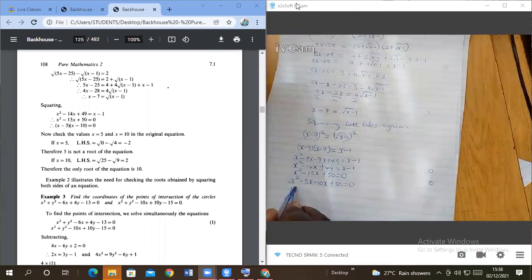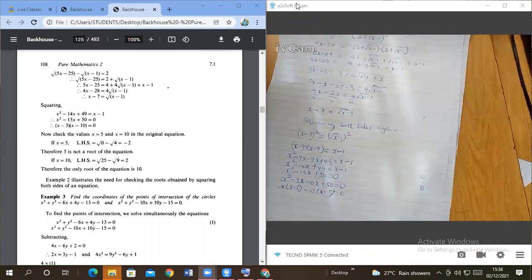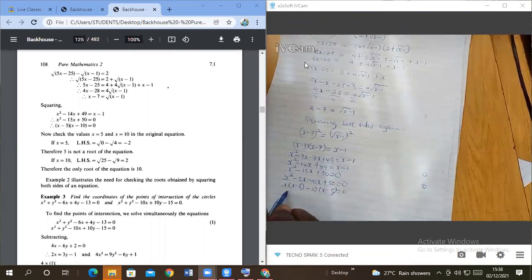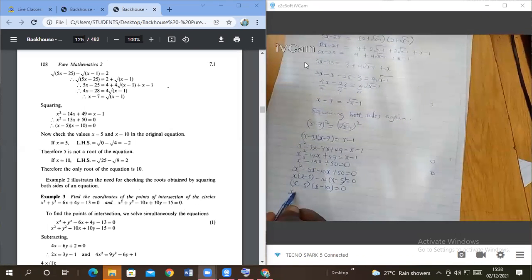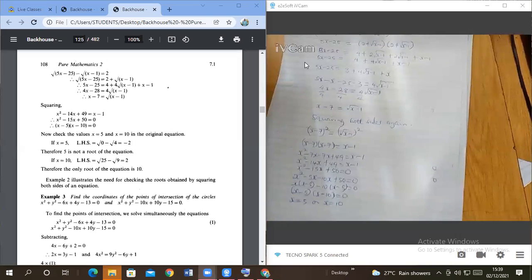So you have x into x minus 5 minus 10 into x minus 5 is equal to 0. So we have x minus 5 into x minus 10 is equal to 0. So there are 2 values of x. x is 5 or x is equal to 10. Is that okay?